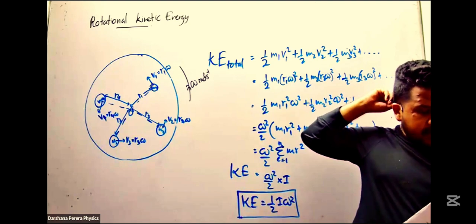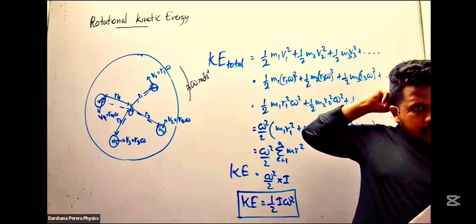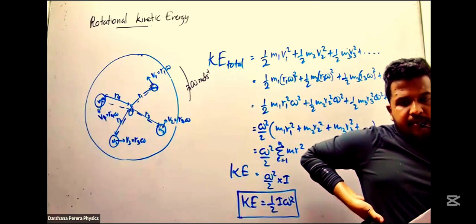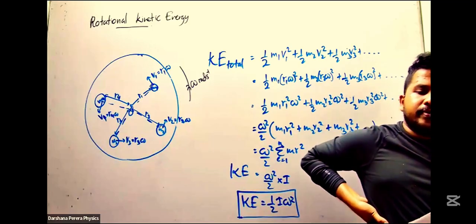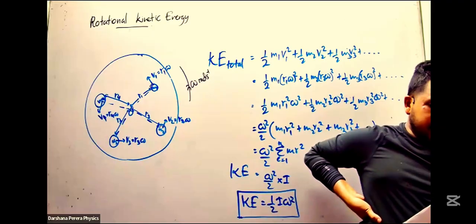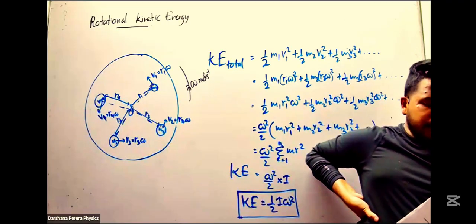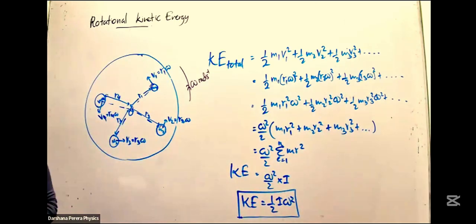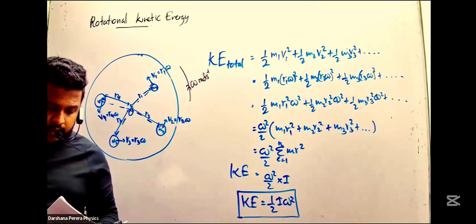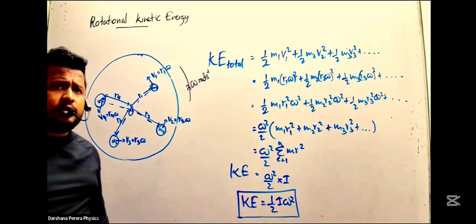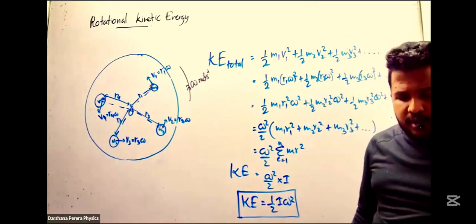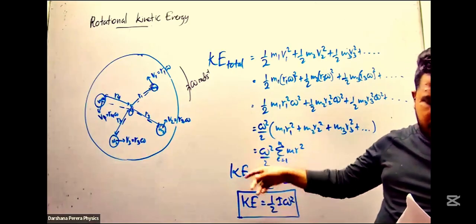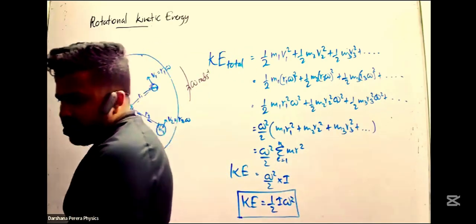Let particles m1, m2, m3, three dots, having distances from the center r1, r2, r3, three dots, and tangential speeds v1, v2, v3, three dots. Right. Write down this one. Okay.